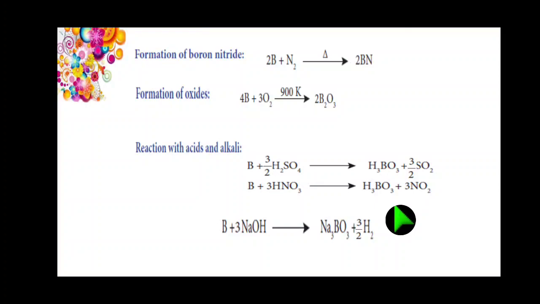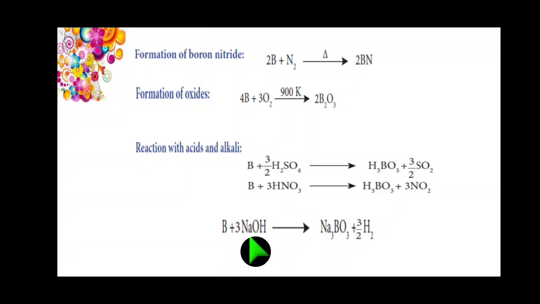If you want to prepare boric acid, H3BO3, you have to react boron with oxidizing acids. You should not take haloacids. So boron reacts with sulfuric acid, it gives boric acid and sulfur dioxide. Likewise, boron reacts with nitric acid, it gives boric acid and nitrogen dioxide. First one, sulfur dioxide gas is released; second one, nitrogen dioxide gas is released.